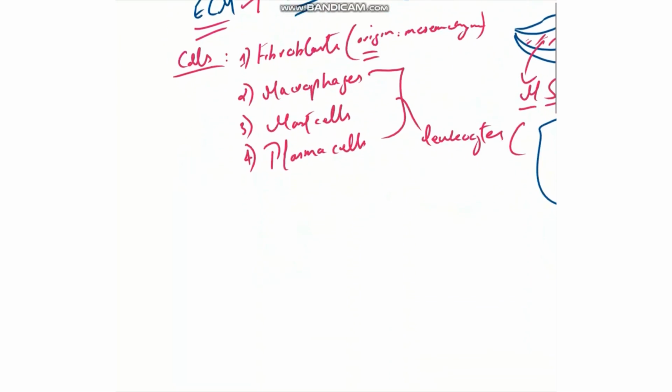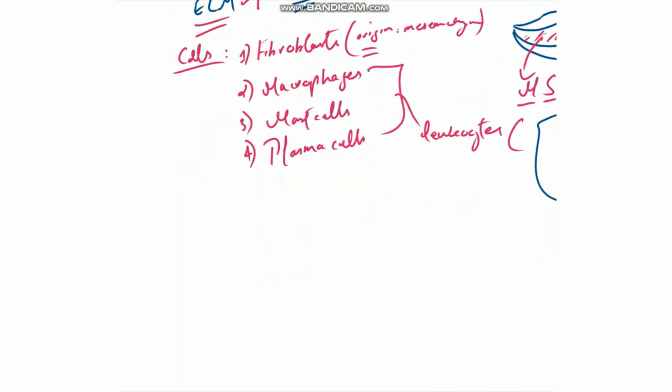And then the second thing that we learned was that apart from cells, it contains a huge amount of ECM. Primarily it is the ECM, the extracellular matrix, and the extracellular matrix consists of 2 things. Number 1, protein fibers. Okay, and this would be, for example, your collagen.